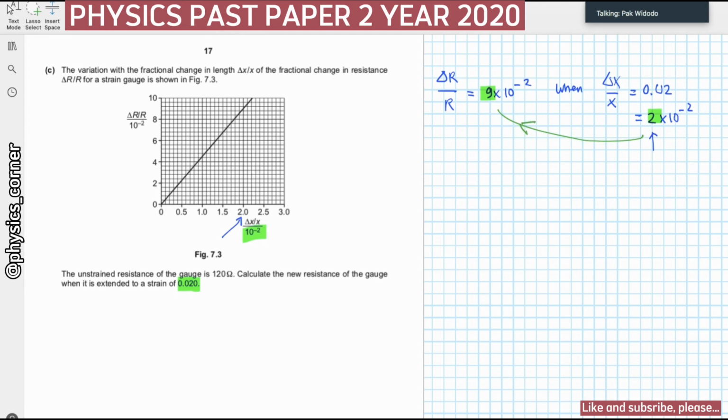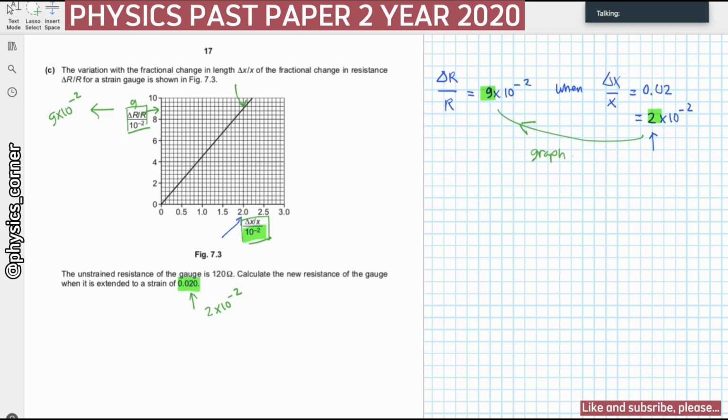This is 9 times 10 to the power negative 2 for delta R over R, when delta x over x is 2 times 10 to the power negative 2.